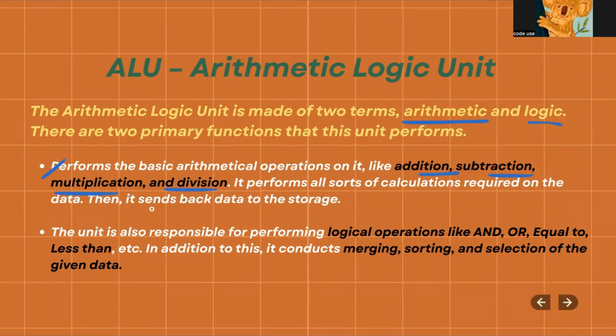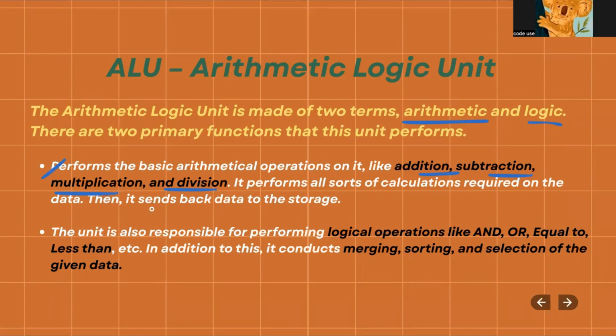In computers, like I've said, there are three things: the arithmetic logic unit, the control unit, and the memory unit. The memory unit is where all the information gets stored. So it performs some sort of calculation required on the data. If you're giving some expression, it will perform that operation and then send the results to the storage.